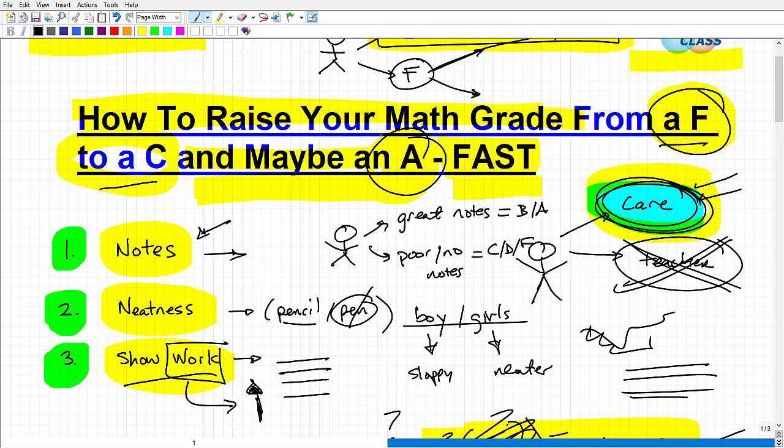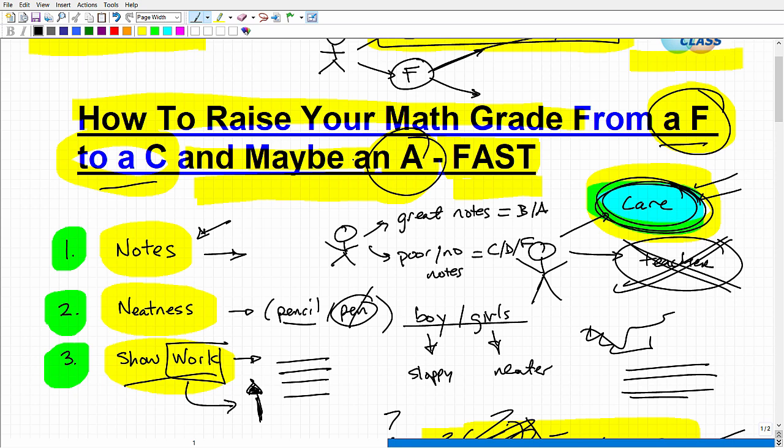And by the way too, to get to an A, if you're taking a final exam in your math class, depending on what the grade structure is for your course, final exams can be worth quite a bit of your grade, maybe 25%, sometimes like 30%. So if you ace your final on top of already dramatic improvement, on top of impressing your teacher, on top of maybe asking your teacher, hey, can I redo some of my homework that I didn't turn in for partial credit, just do all of that.